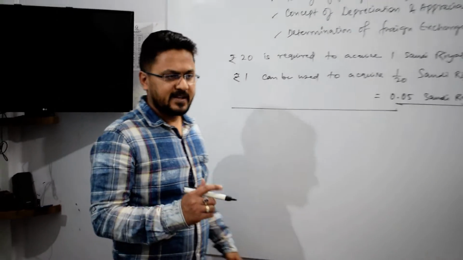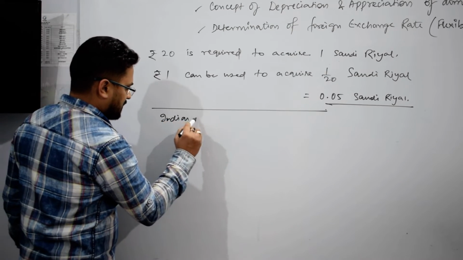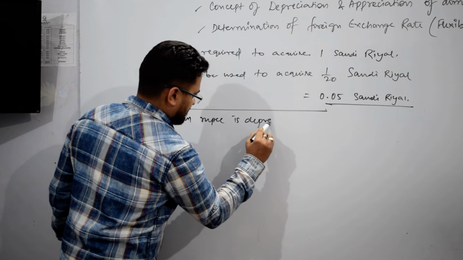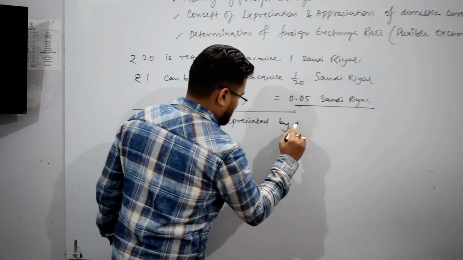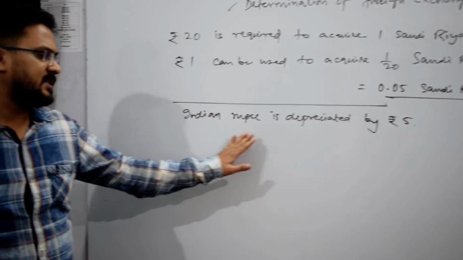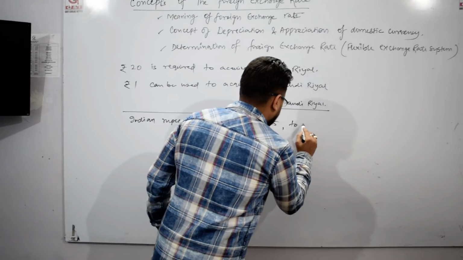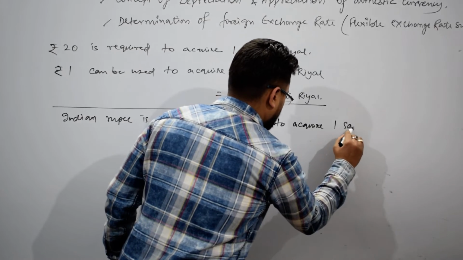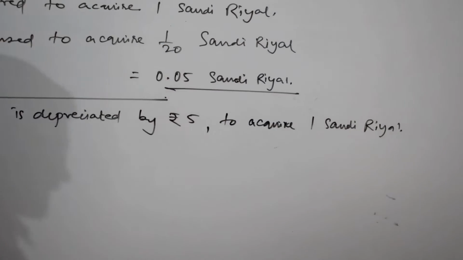Now let us take one example. Now for example, Indian rupee is depreciated by rupees 5 to acquire 1 Saudi riyal. Now what does it mean?